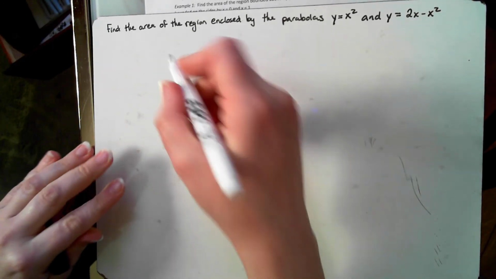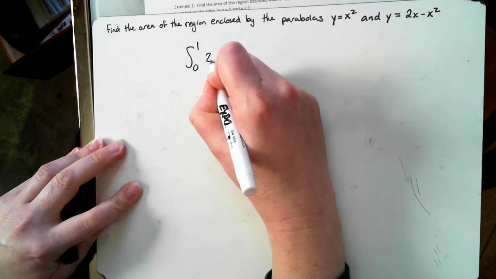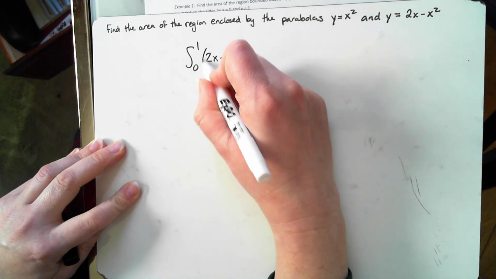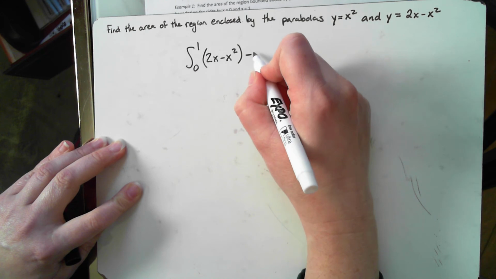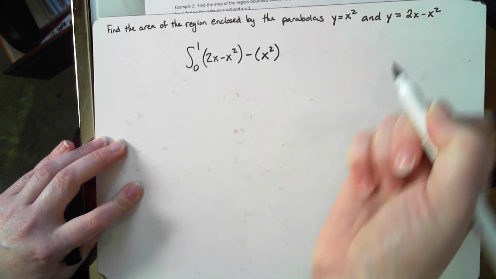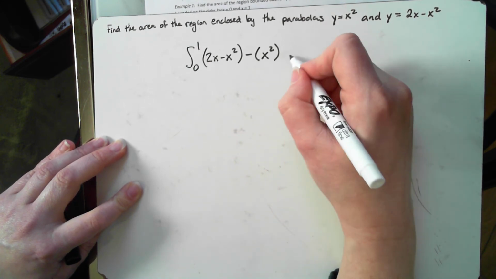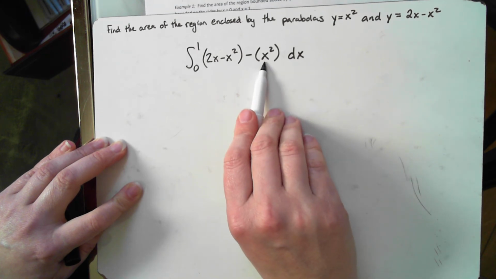So it's the integral from 0 to 1 of 2x minus x squared. A lot of times we'll put these in parentheses just to make it a little less confusing, especially when the function that you're subtracting has to be like a polynomial here. It definitely helps to have those parentheses. In this case, it's not really necessary because this is just a single term.